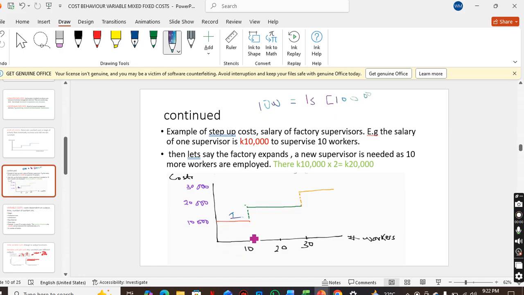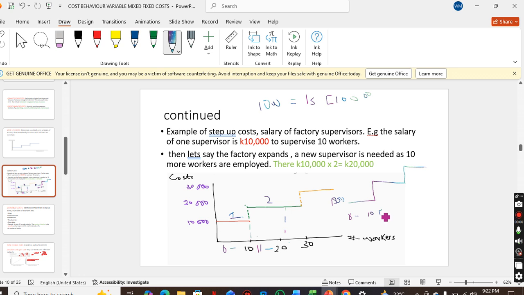This is from 0 to 10 workers. If you have 11 to 20 workers, you're going to need a second supervisor, meaning you have to pay an extra $10,000. Then if you have 21 to 30 workers, put it like this. From 0 to 10 workers, 1 supervisor, $10,000.